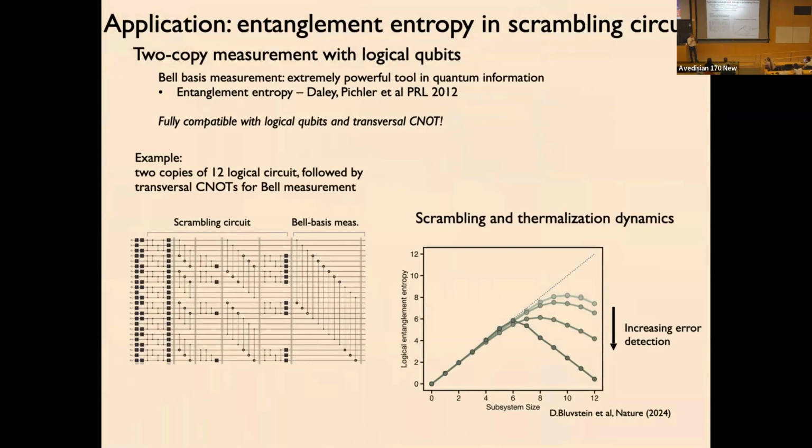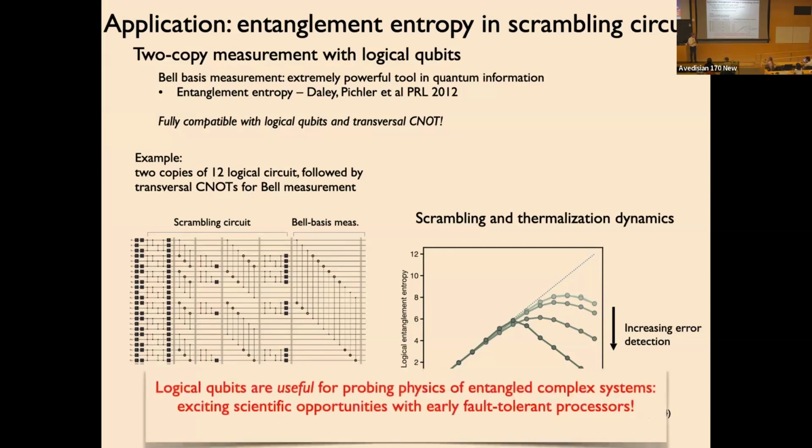If you don't use error detection, your logical entropy keeps growing, but if you start using error detection, your curve turns into this kind of Page curve. The entropy grows up to half of the system size, and if you make the system larger, it becomes more and more pure. So it really shows that you can already start exploring scientific applications. This is actually a fast scrambler, so maybe Andrew Berry will talk a little bit about it. The physics here is somewhat related to the physics of black holes, for example.